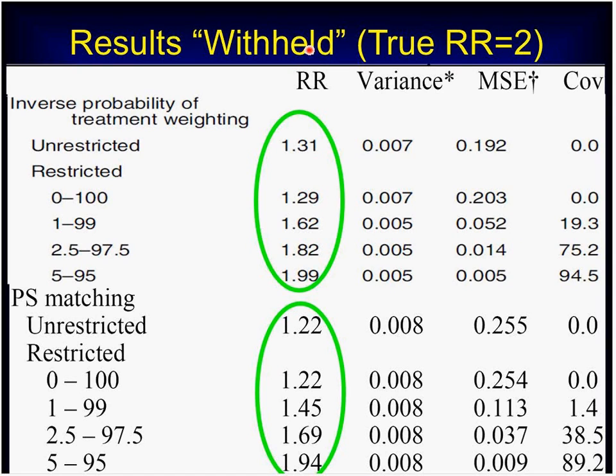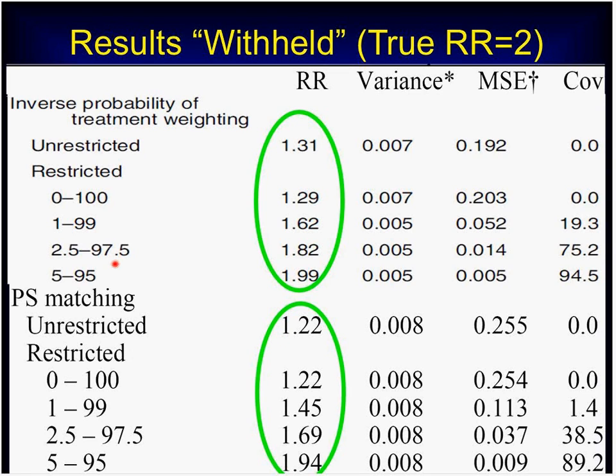Results for the treatment withheld. So you see that the bias goes in the other direction here. So your treatment looks better than it actually is. Remember, the true relative risk is 2. So we start off with 1.31. And here, actually, the matching, the bias is even slightly more pronounced when the treatment is withheld, because you're likely to match these people who are extreme observations on the high end of the propensity score with propensity score matching.